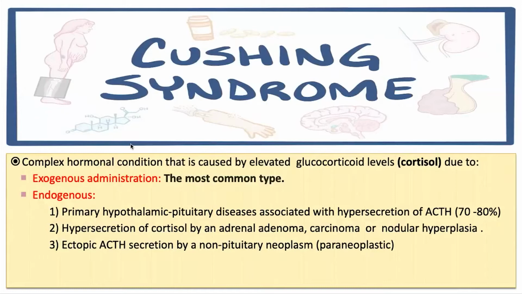And then endogenous causes, like primary hypothalamic pituitary disease, like the pituitary producing ACTH, where 70 to 80% is due to a pituitary problem, and then hypersecretion of cortisol due to adrenal adenoma, carcinoma or hyperplasia, and then ectopic ACTH, like in paraneoplastic syndrome.